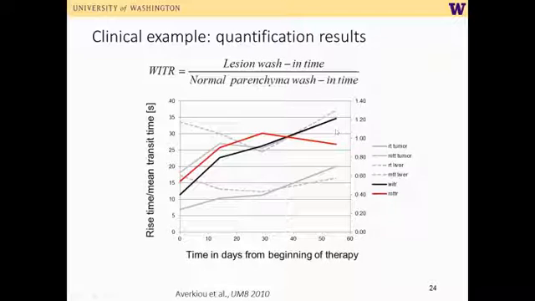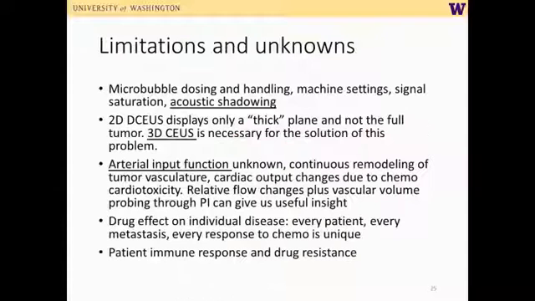In other words, the lesion and the normal parenchyma, as the time is progressing during chemo, for a patient who is responding, they are approaching 1 because the lesion is behaving the same way as a normal parenchyma. So this is an example of how we can use quantification with contrast-enhanced ultrasound.